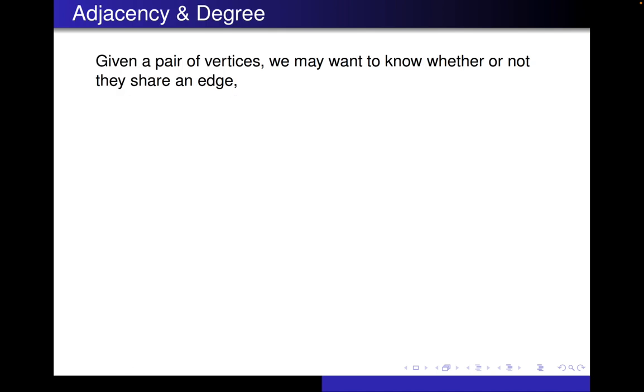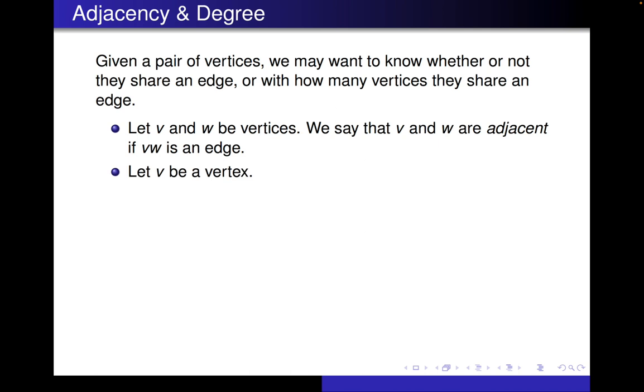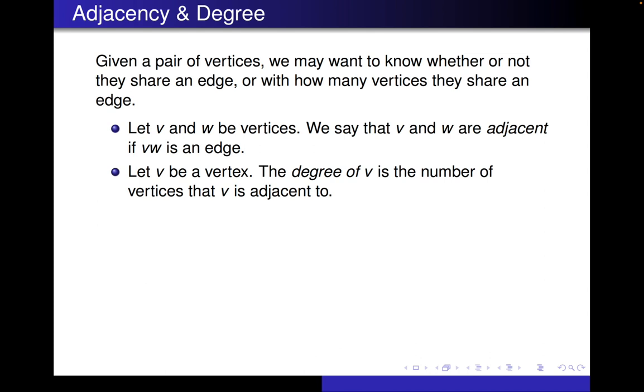So given a pair of vertices, we may want to know, is there an edge between them? Is there not an edge between them? And not only that, how many vertices do they share an edge with? So if V and W are vertices, if they actually share an edge, we call that being adjacent. So V and W are adjacent if the pair VW is an edge. Again, if V is a vertex, the degree of V is the number of vertices that V is adjacent to.